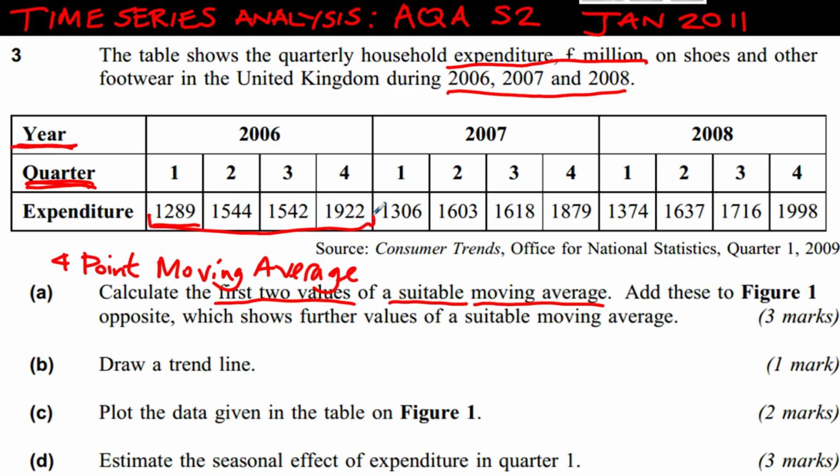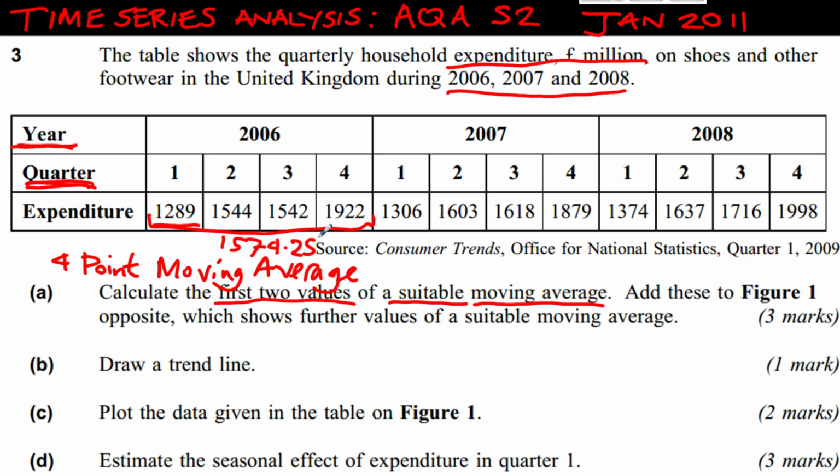So that's 1289 through to 1992. To find the moving average, we add those up and divide by 4. So our first point would be 1574.25.